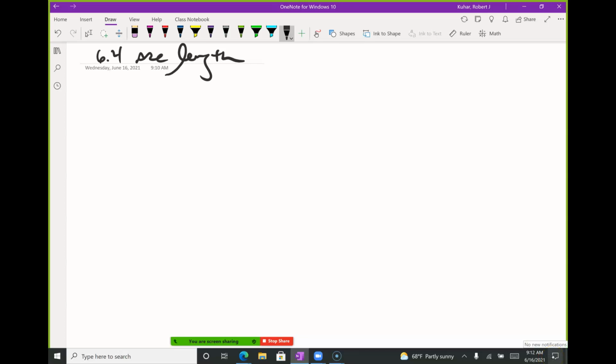So our arc length formula, L, is the integral from A to B, and I'm assuming no loops here, no repeated pieces, of the square root of... don't tell me, I forget it.